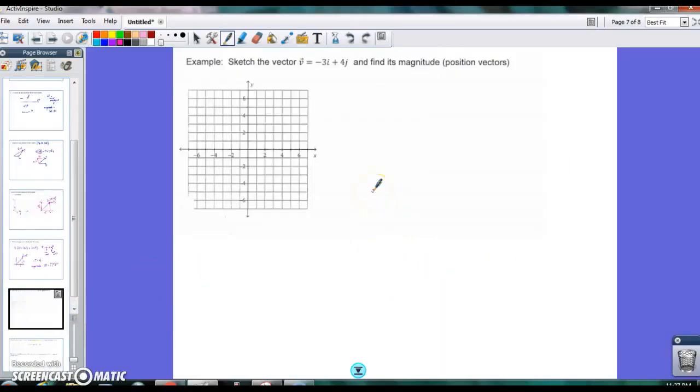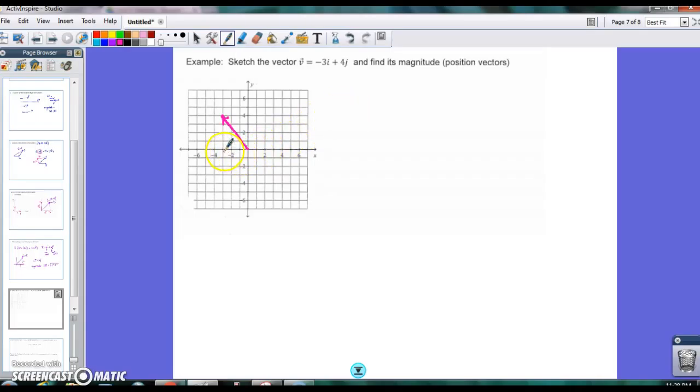So it says sketch the vector negative 3i plus 4j and find its magnitude, or find its position vector. Okay, so negative 3, that would be negative 3 in the x direction, 4 in the y direction. So from 0, 0 to that point, that is my position vector, right? My initial point is always at the origin.